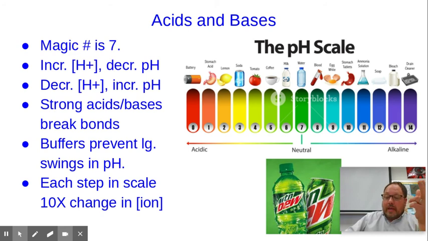And the case was thrown out because lawyers for the company that runs the Mountain Dew brand successfully argued that it would be impossible to find a dead mouse in a Mountain Dew bottle because it's so acidic that a mouse that would have been in the bottle would have dissolved. So it's a review of what strong acids and bases do. If you have a strong enough acid, it will liquefy and destroy stuff.